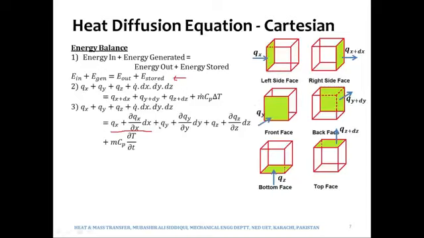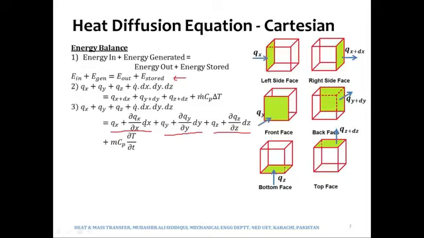Similarly, Qy plus dy can be written as Qy plus ∂Q/∂y times dy, and Qz plus dz may be written as Qz plus ∂Q/∂z times dz. The last term, which is mc delta T or m dot c delta T, is written in this form. See, we have written delta T as ∂T, and we have brought the time component of mass flow rate into the denominator of temperature, thereby writing it as m, mass.